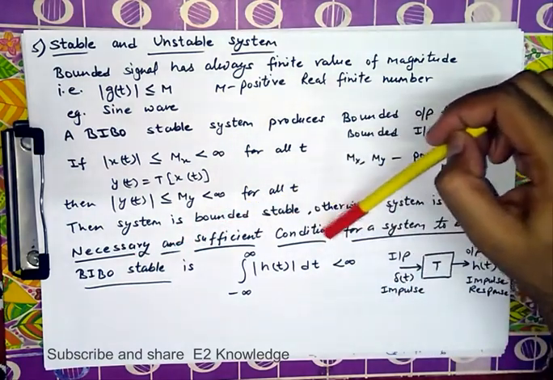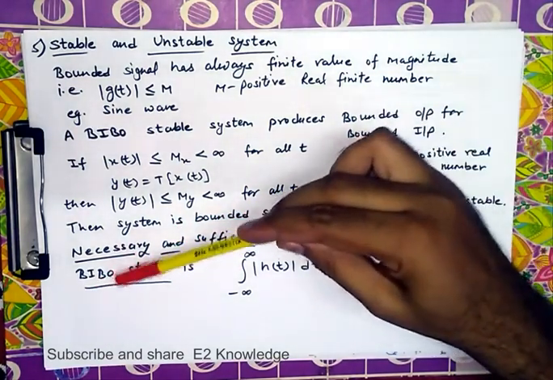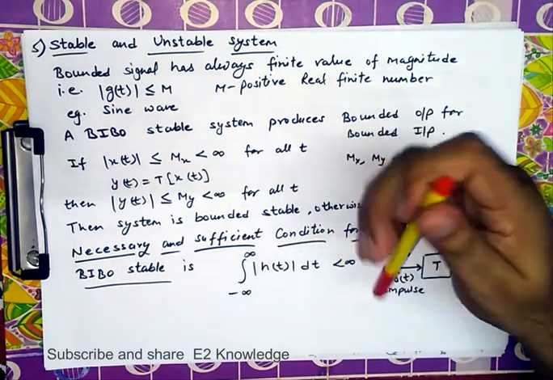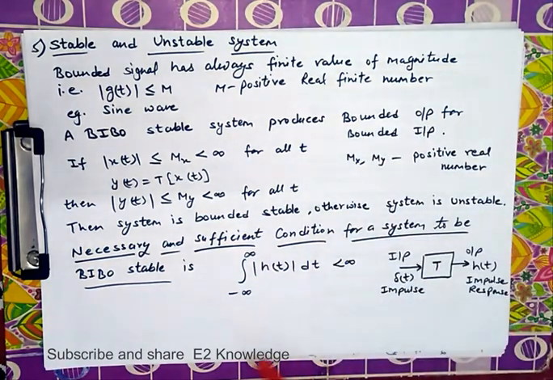The necessary and sufficient condition for a system to be bounded input, bounded output stable involves its impulse response, because a system can be represented in terms of its impulse response. Suppose here is a system, with input and output. When an impulse is given, the response of the system corresponding to the impulse is known as the impulse response of the system, represented by h(t).